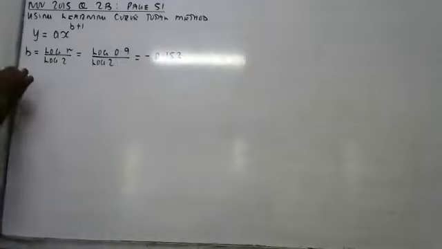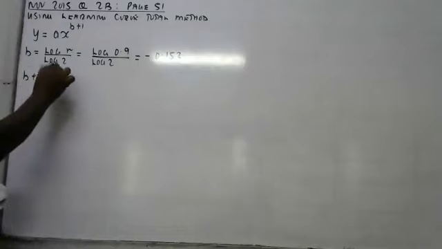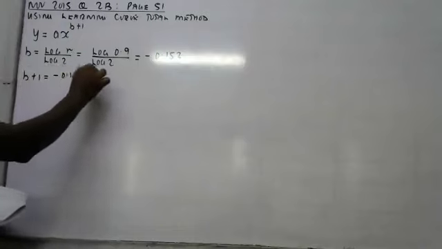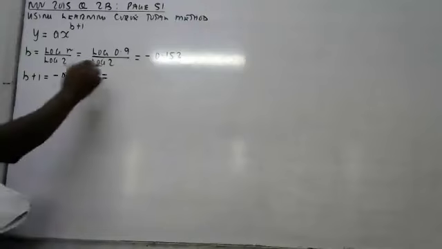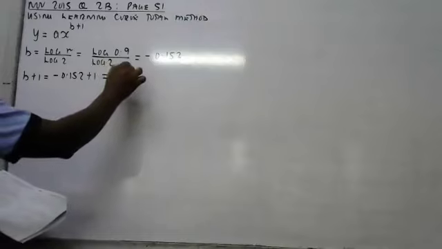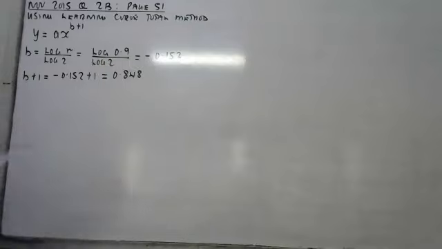Then B plus 1 should be minus 0.152 plus 1, which is 0.848. So with that, X we shall identify later, depending on what you're looking for.